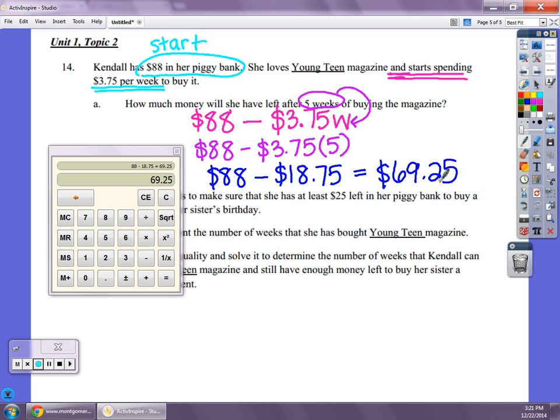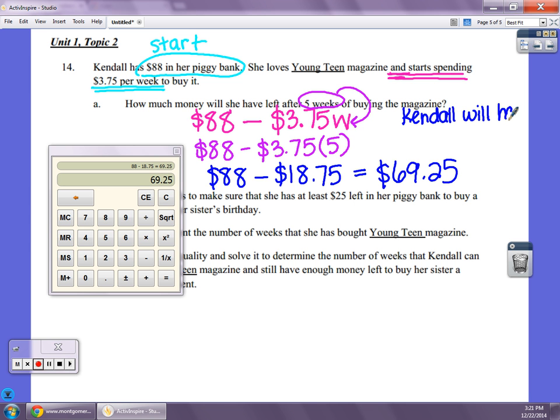And because this is a word problem, I'm going to say that Kendall will have $69.25 left in her account.